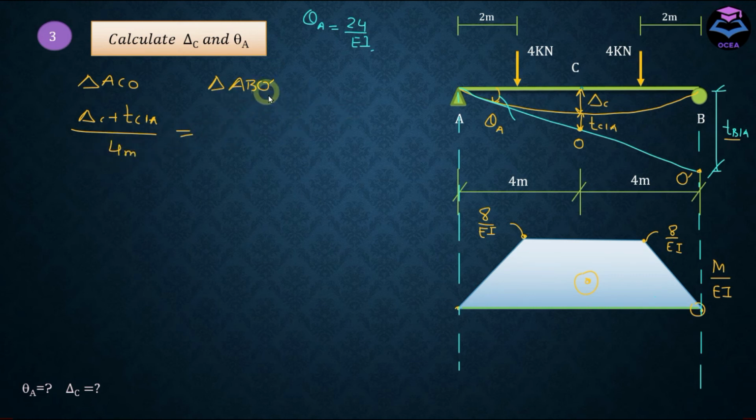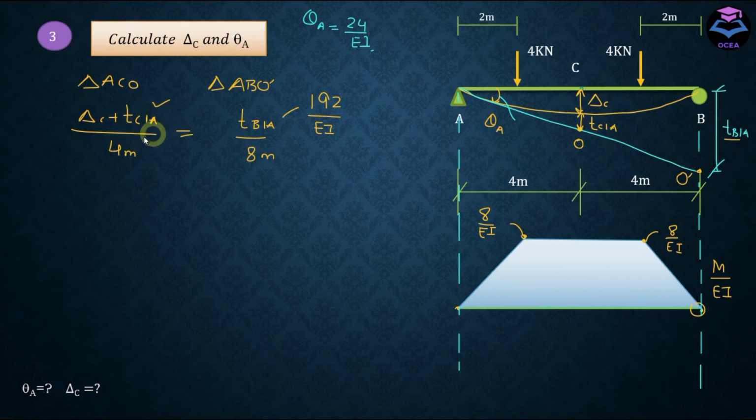And for ABO dash, the perpendicular is TB/A, and the base in this case is equal to the total length of the beam, which is 8 meter. And in this equation, this term we calculated previously and it was equal to 192 over EI. And if we calculate this term TC/A, we would be left with only one unknown in this equation, and we can solve it. So let's try to determine this TCA.